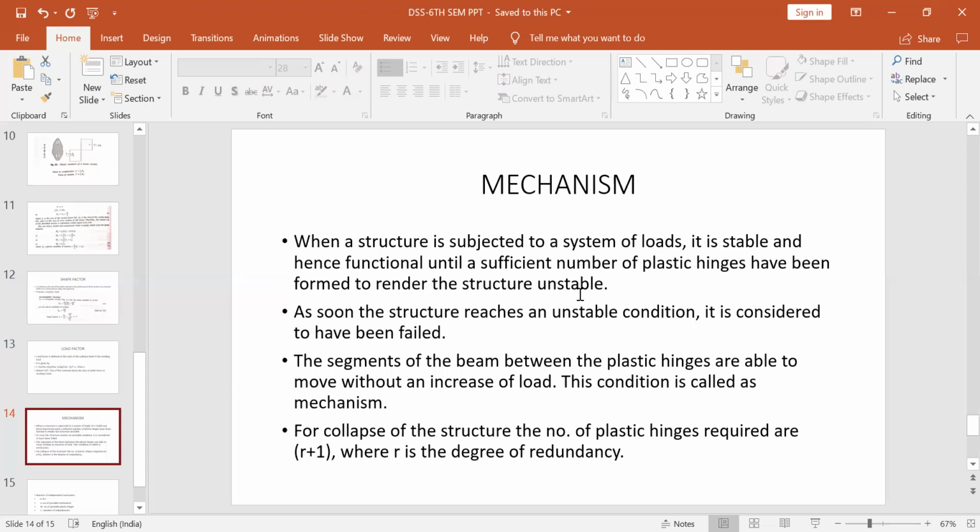Before the plastic stage, yielding will start. It will reach the upper yield point, then the lower yield point, and then it will enter the plastic stage. Once it enters the plastic stage, plastic hinges will start forming.